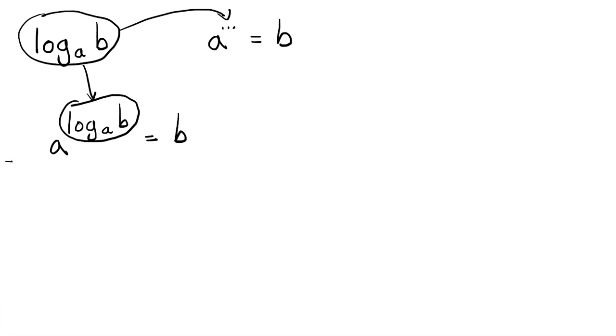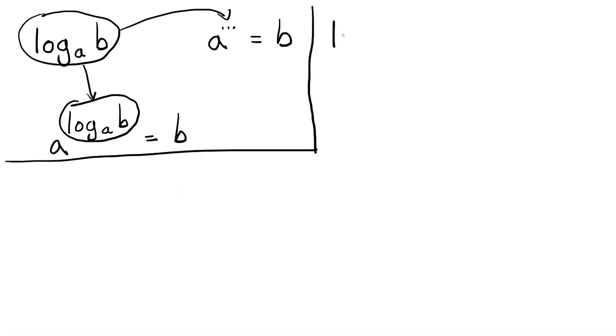Then we also have some rules for logarithms. For example, the first one: if I have log a of x multiplied by y. So what is the a logarithm of a product of two numbers?